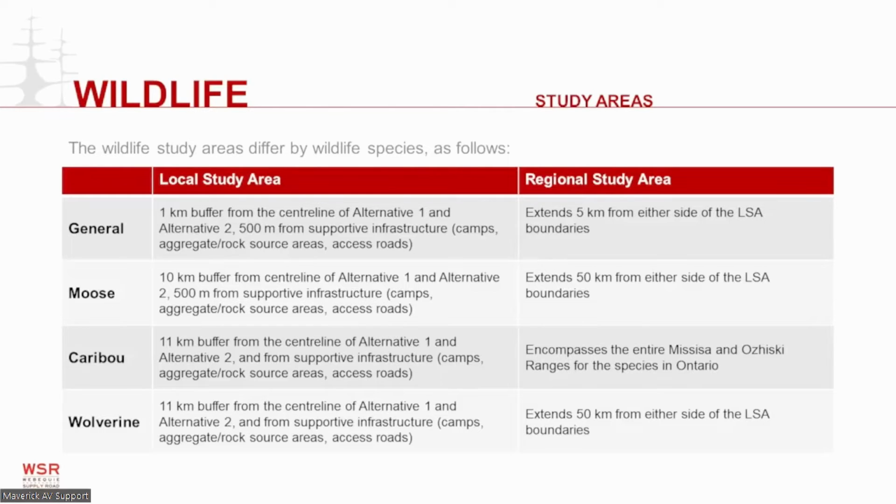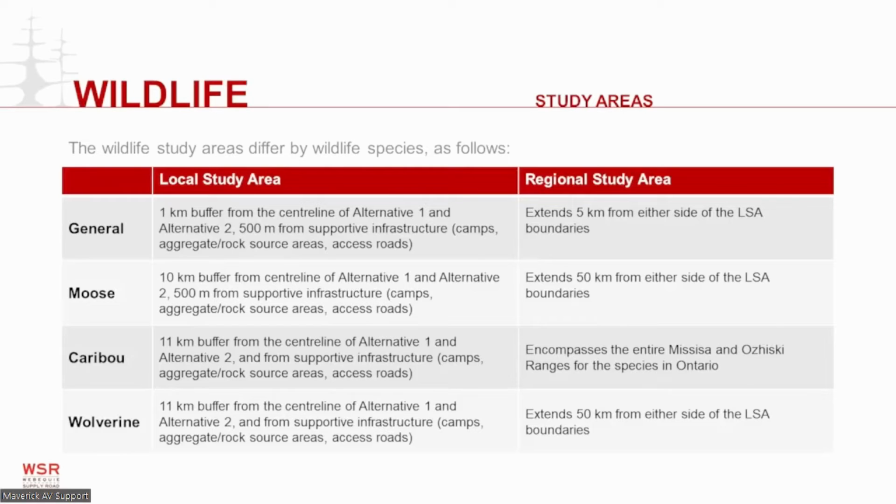Then we look at caribou. Caribou have an 11-kilometer buffer from the center line of the two alternatives and the same distance from supportive infrastructure like camps. So it has a bigger distance around it to define the local study area.